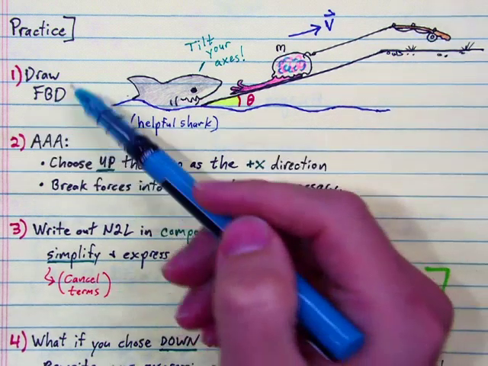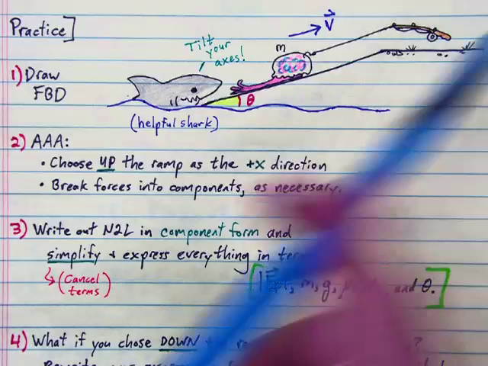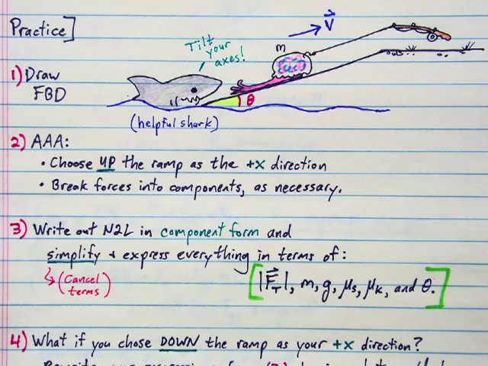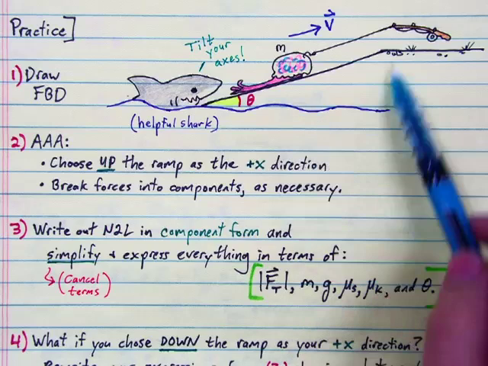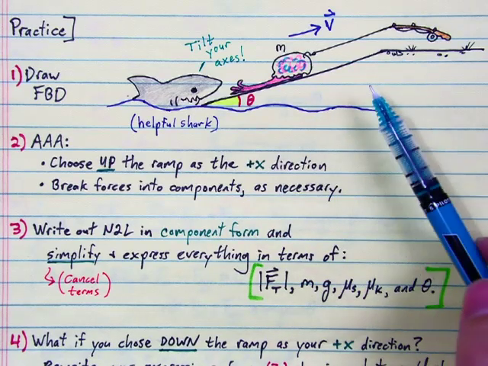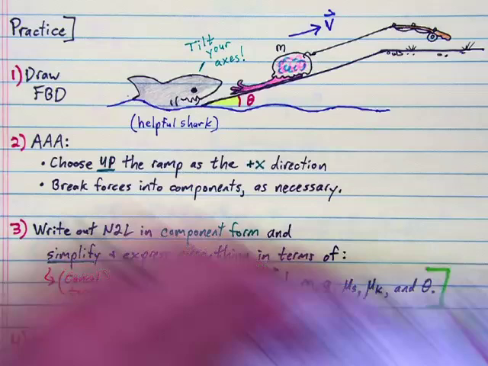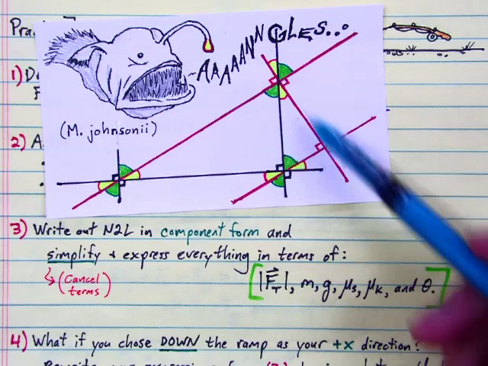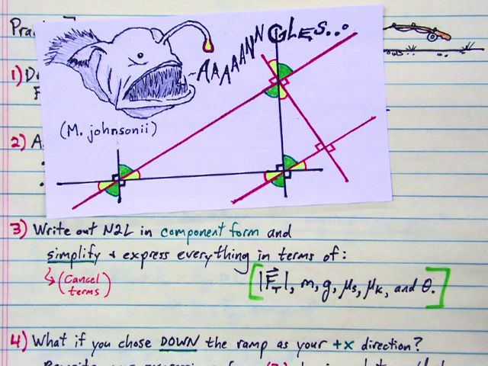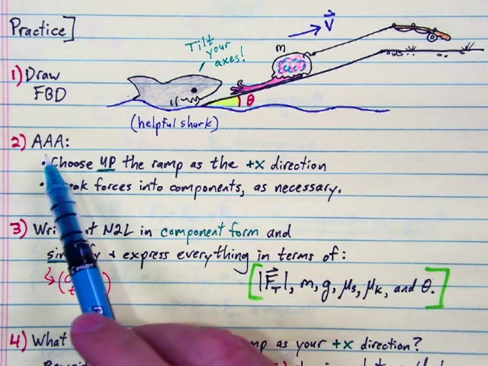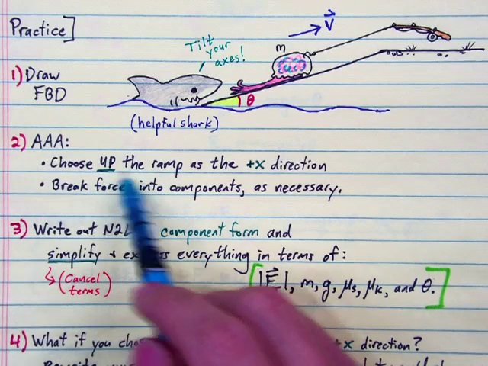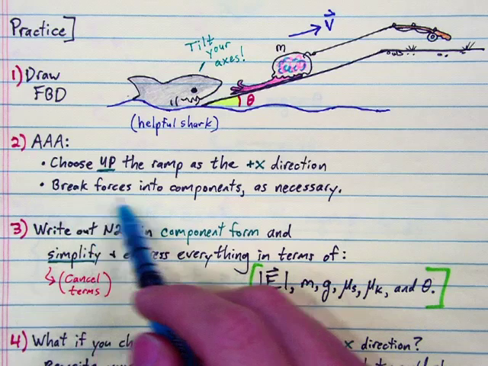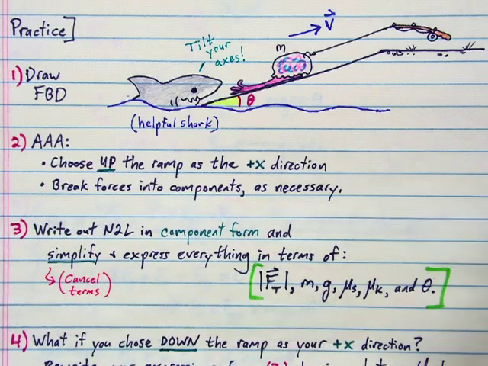I would like you to draw a free body diagram for the jellyfish as it is hauled up the ramp here. Note that this inclined plane is sort of the mirror image of the ones in the previous examples, so you may want to refer to this image to help work out which angles are congruent to which angles when you get to the next step. Choose up the ramp as your positive x direction and then break forces into components as necessary.